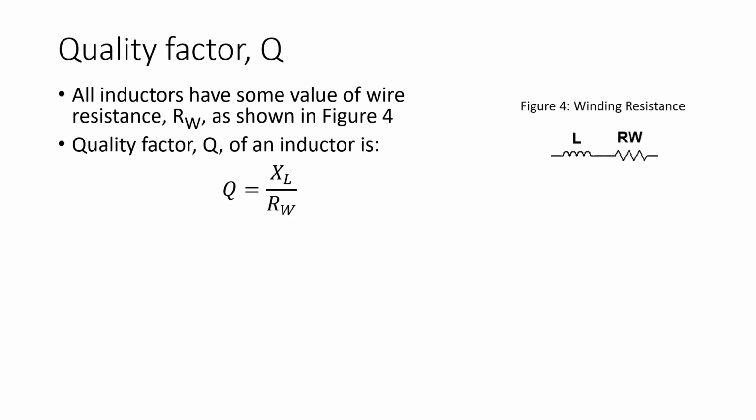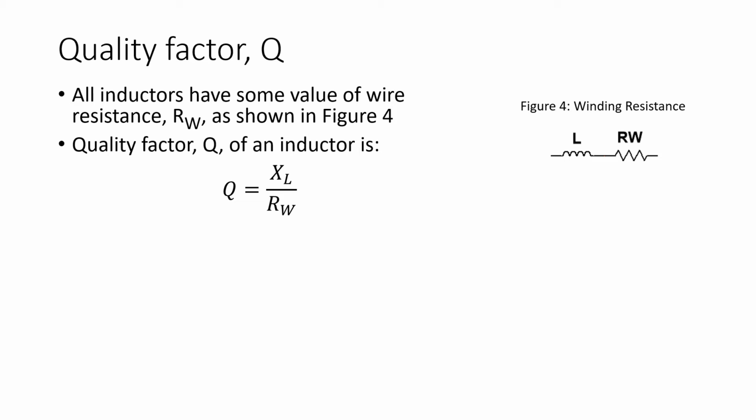Now, when discussing inductors, remember that an inductor has two inherent quantities: the value of inductance and some value of wire resistance. Again, an inductor is a length of wire wrapped around some core, and wire has resistance.